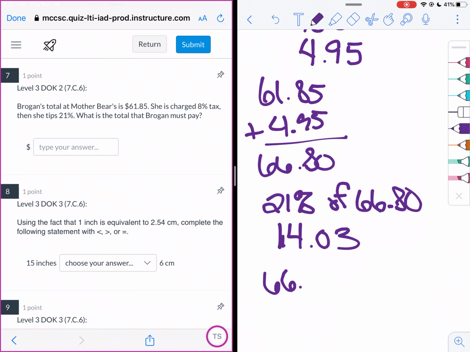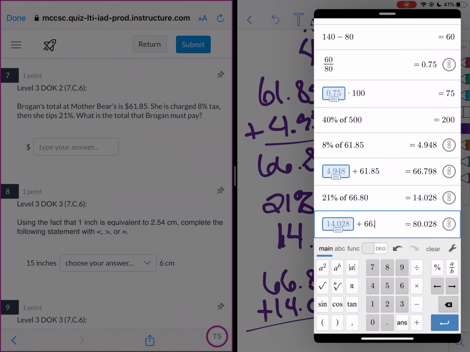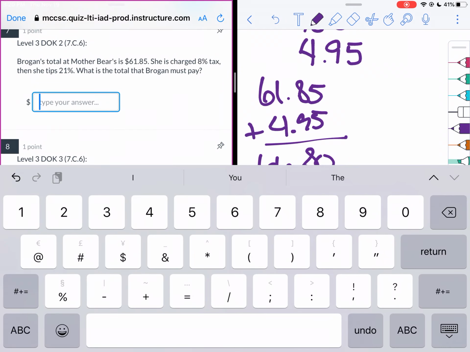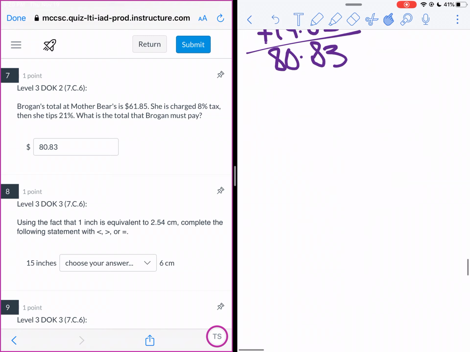So $66.80 plus $14.03 gives us $80.83. So that's our final answer. So you want to remember, always do the tax first, then tip.